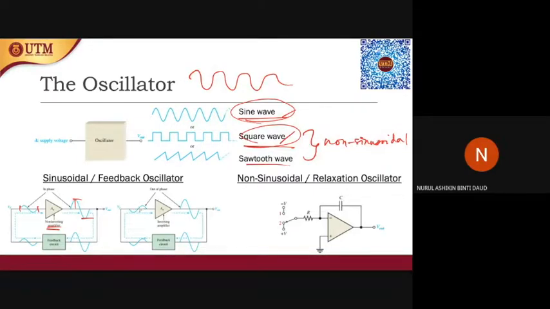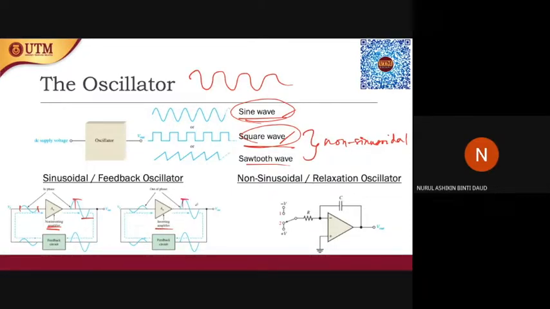The inverting amplifier will invert the signal to make sure it is in phase again, and it also amplifies the signal.